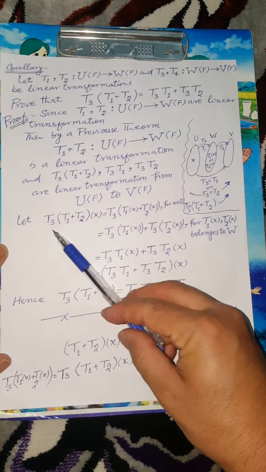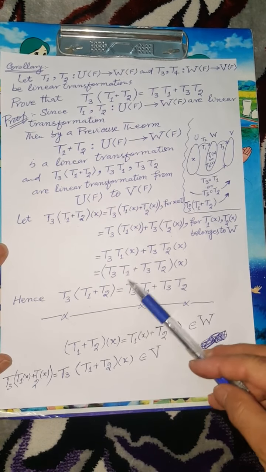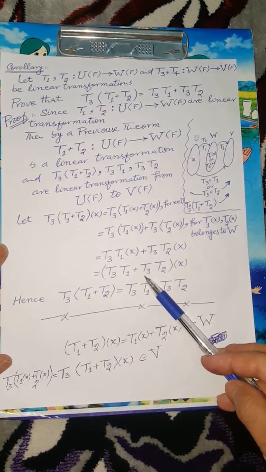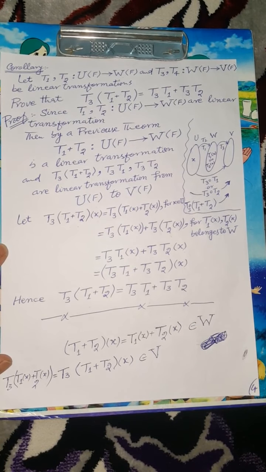That is, the composition of T3 on T1 plus T2 is equal to the composition of T3 T1 plus the composition of T3 T2, which is our required result.